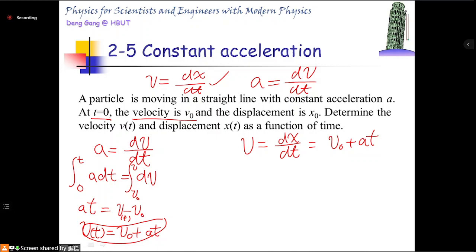The next step, still we want to separate the variables, because according to this equation there are two variables, x and t. v0 is the initial condition, we know v0, and we want to solve for x. So we put dt on the right-hand side. That means dx is equal to v0 plus at times dt.